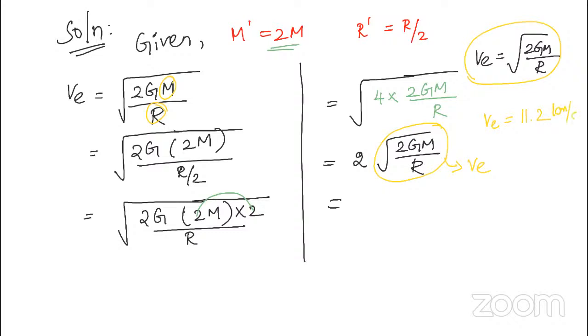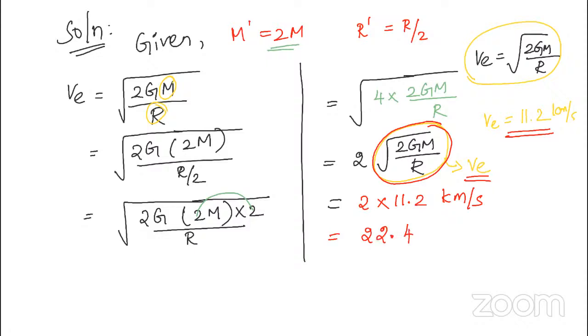So let us substitute in this: 2 into the value of VE. Multiplying, we get 22.4 kilometer per second. So this is the right one. Here the option is A.